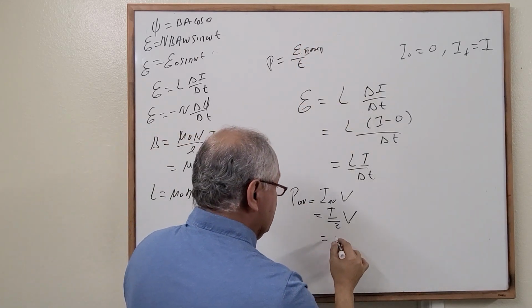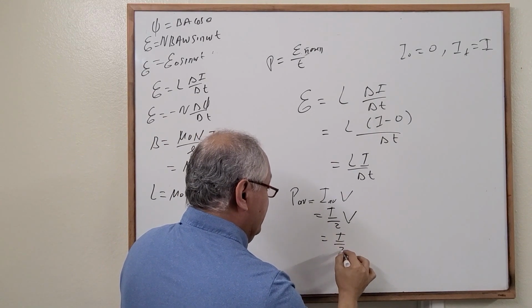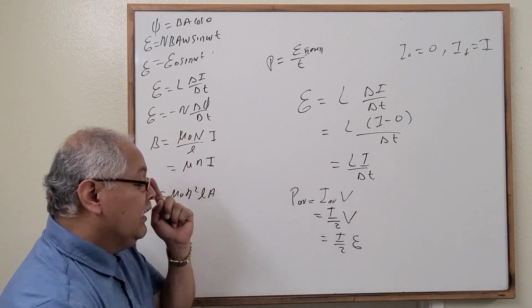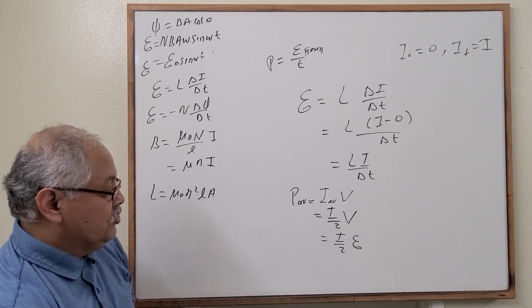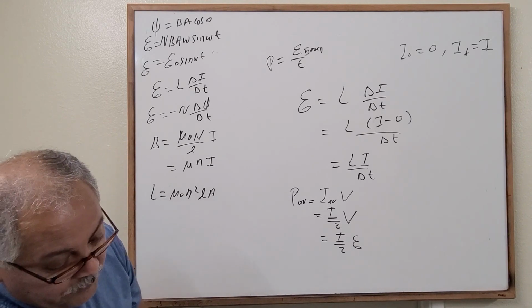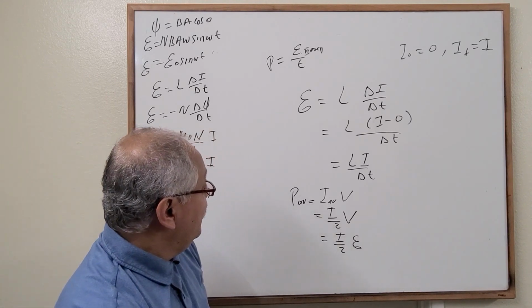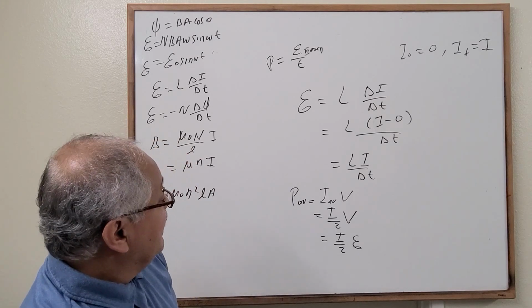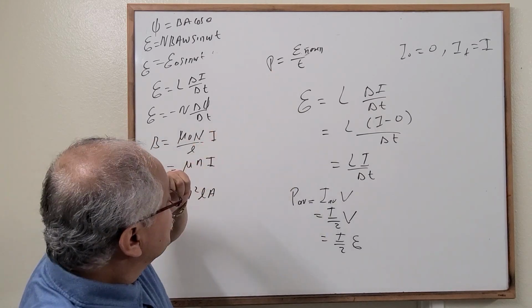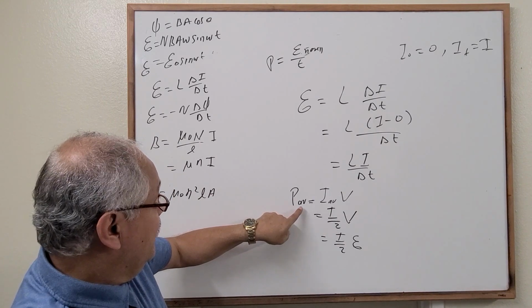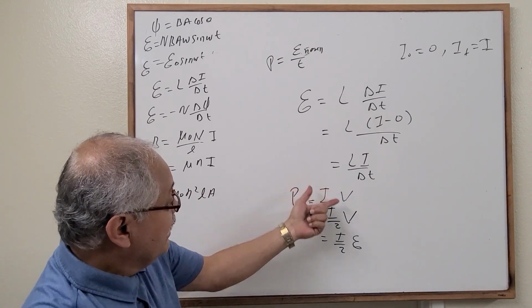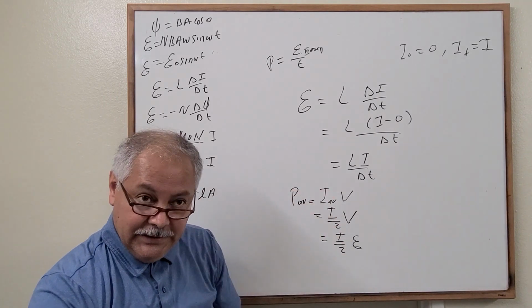Also, we can represent this as current divided by 2 times this electromotive force. Correct? Perfect. Now let's look for energy. Let's compare this to the power from an electric circuit.